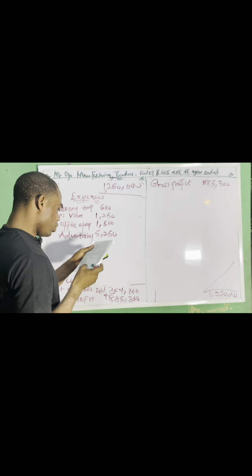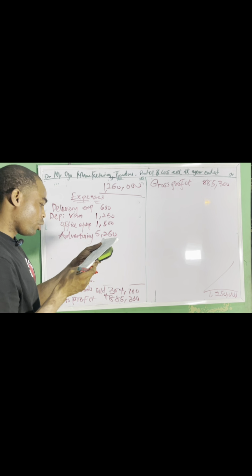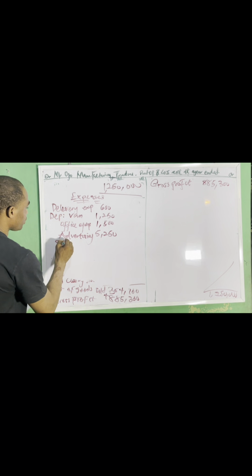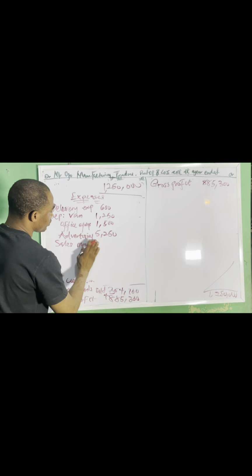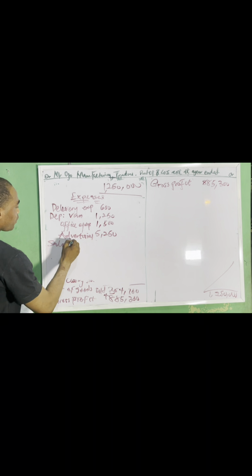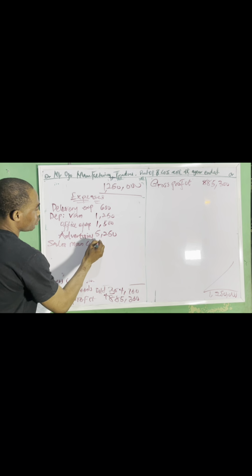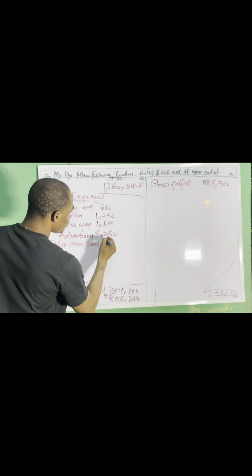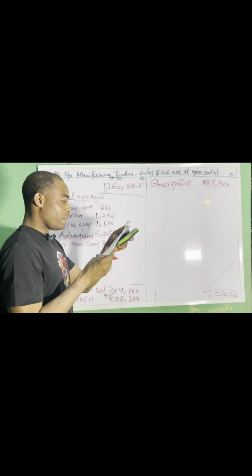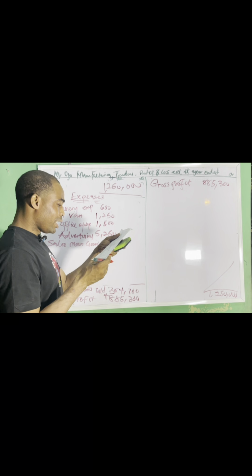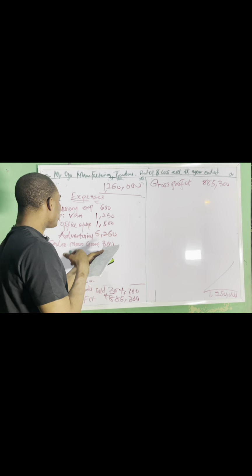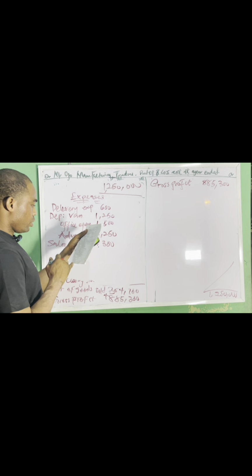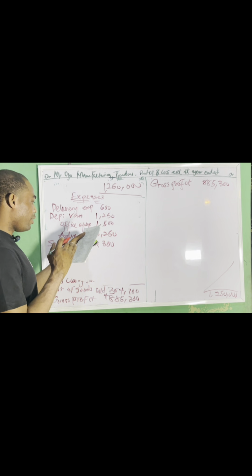Let's see what else we have, so that we do not mix anything up. We have salesman commission, which is 300. There are no other non-manufacturing expenses here. Other non-manufacturing expenses would deal with anything office related, but as far as this question is concerned, we don't have anything to bring out.